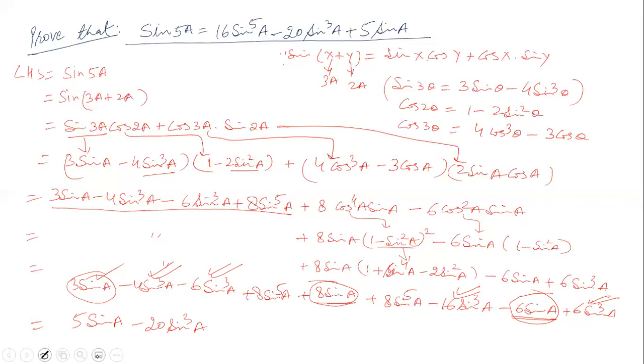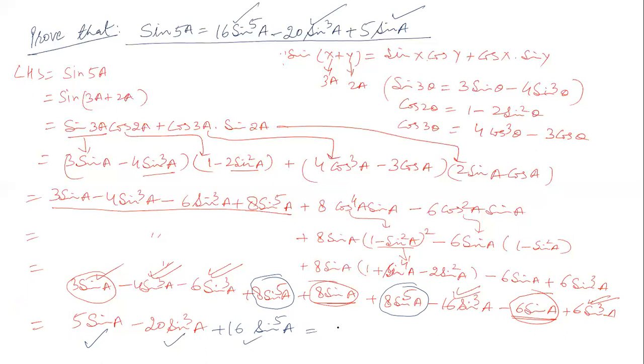Now taking 8 sin to the power 5a and 8 sin to the power 5a, that is 16 sin to the power 5a. So here we have 5 sin a, minus 20 sin cube a, and plus 16 sin to the power 5a.